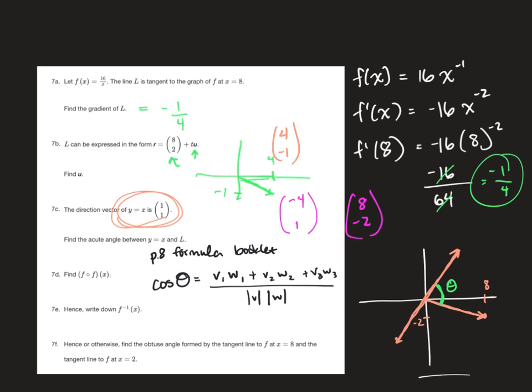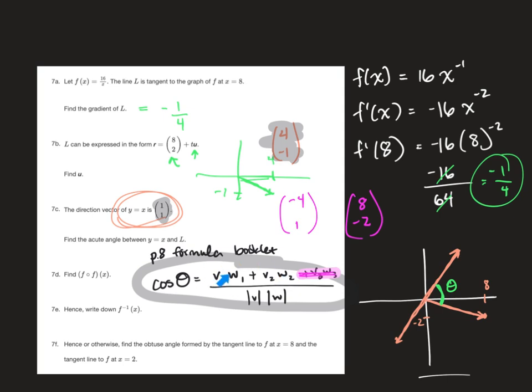And what we're going to be doing is taking this vector, well, actually, I'm going to use this one and the vector (1, 1), and we need to apply this formula. Now, this is what's written in your booklet, but since we're just dealing in 2 dimensions, you don't need that last bit. We're going to get rid of that because it doesn't actually matter.